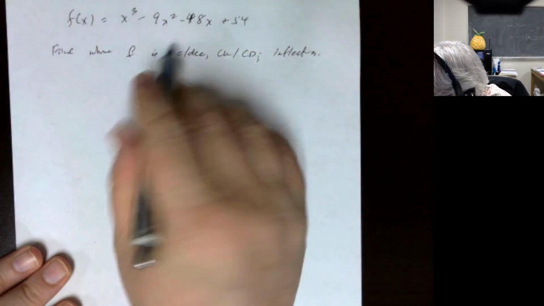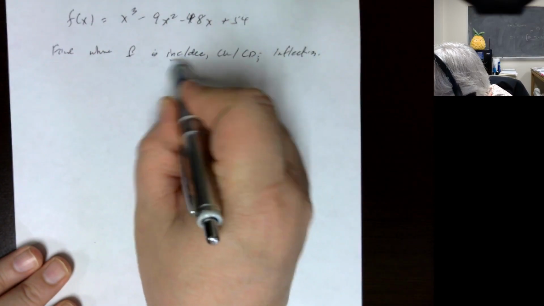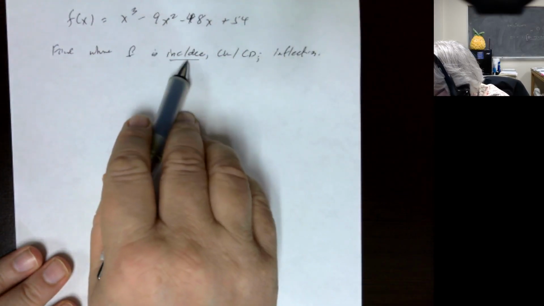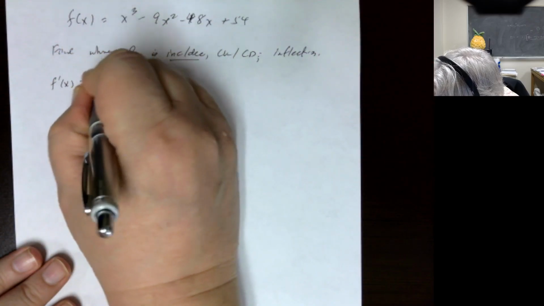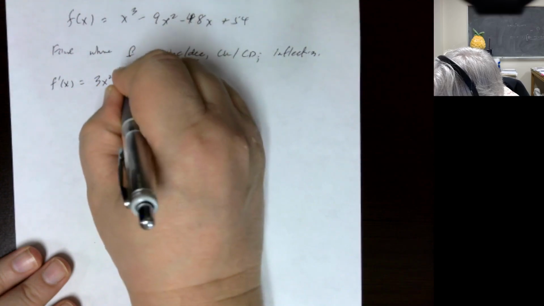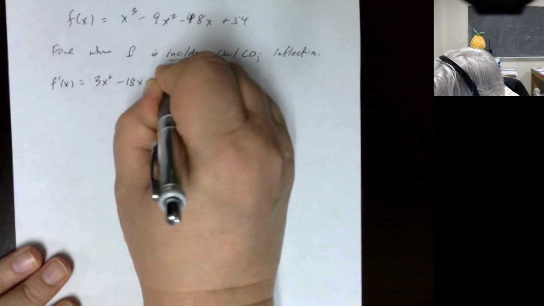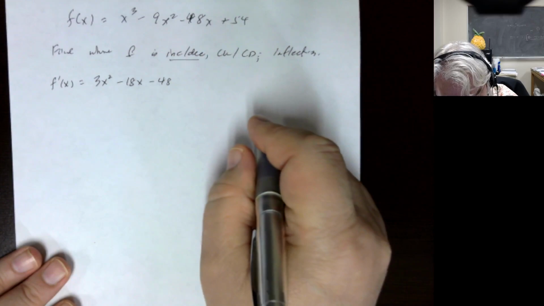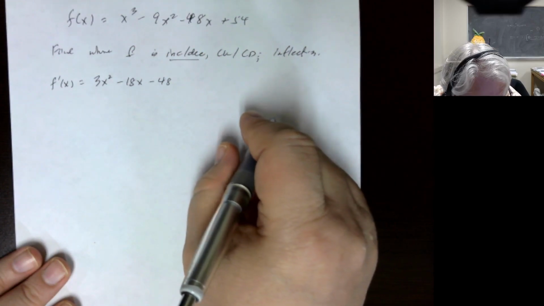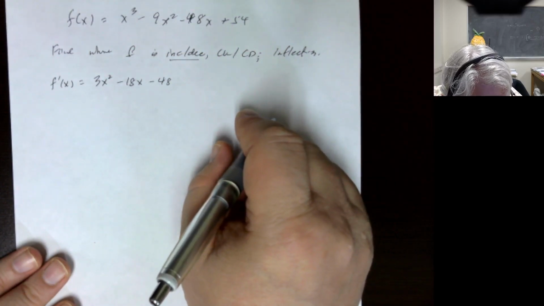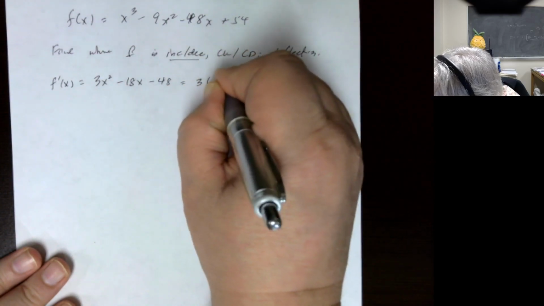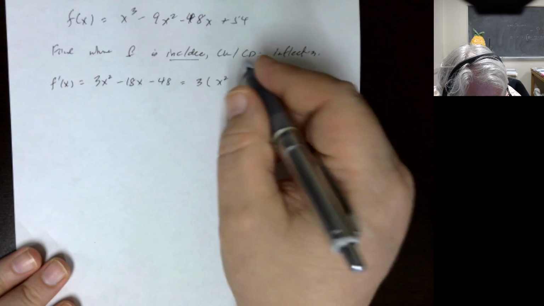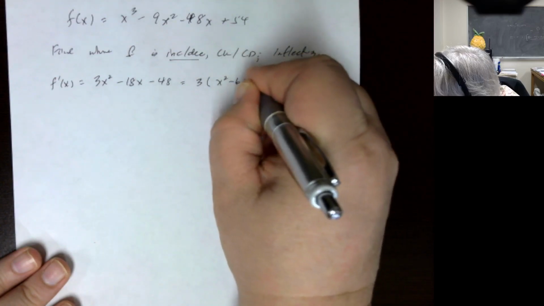Good. Now, increasing and decreasing is where the first derivative is positive or negative. So I need the first derivative, and that's 3x squared minus 18x minus 48. Just for fun, you could go ahead and factor out that 3. That's 3 times x squared minus 6x minus 16. It just makes it easier to factor later.